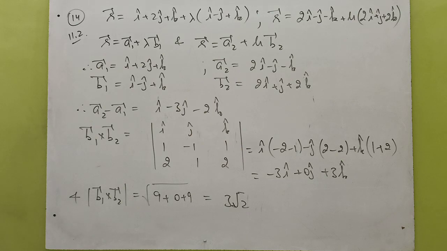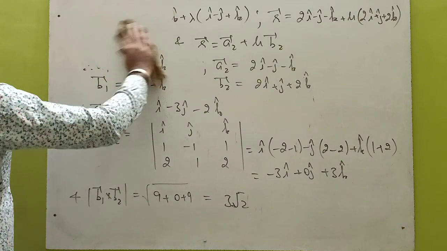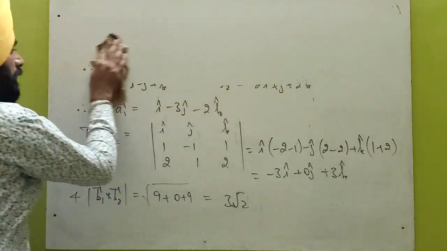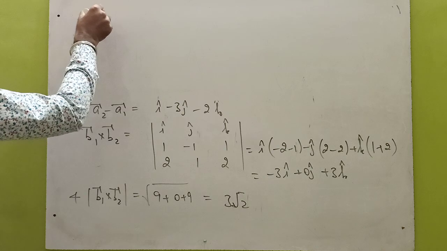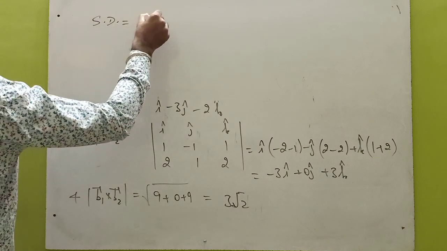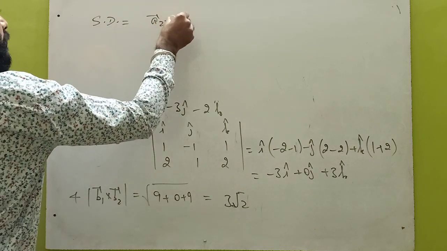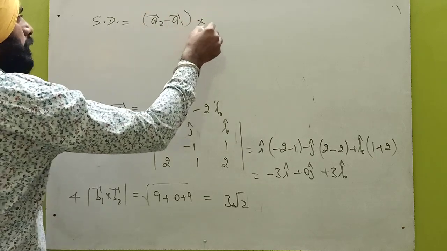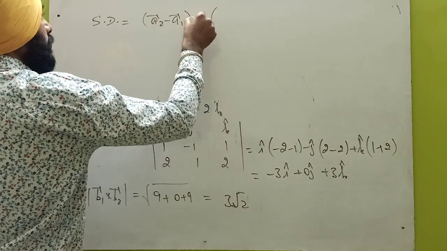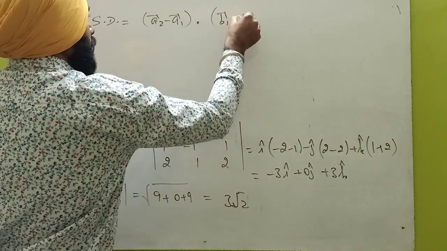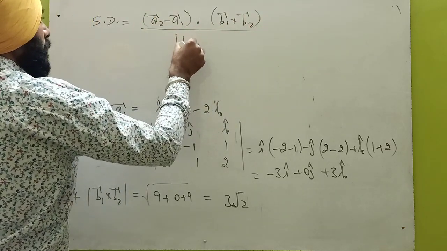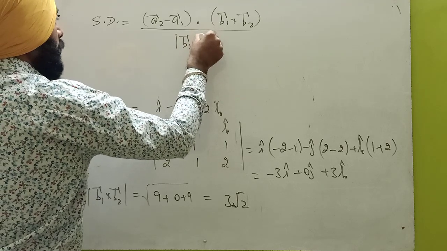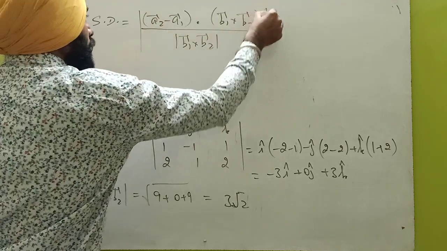So we have found all the values. Now apply the formula. Because in this case b1 and b2 are different, we will apply the formula for shortest distance, which is equal to (a2 minus a1) dot (b1 cross b2) divided by the magnitude of b1 cross b2, and its mod.